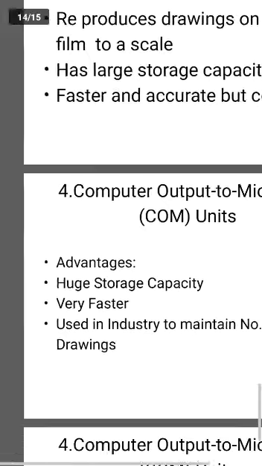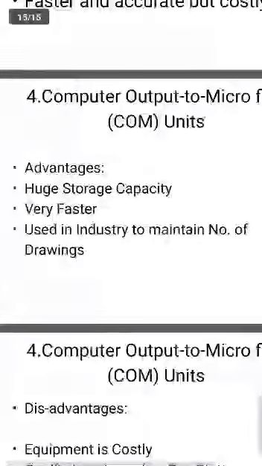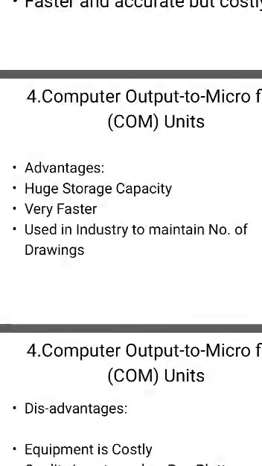This has advantages and disadvantages also. We'll see the advantages first. It has huge storage capacity, very large to store drawings. Next, it is very fast. It does the work much faster than the pen plotter, hard copy, and all these things.